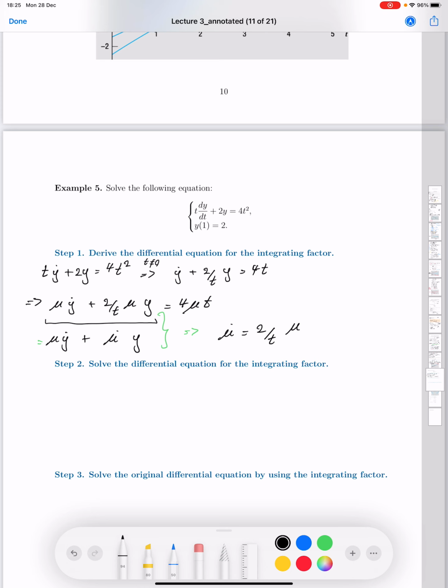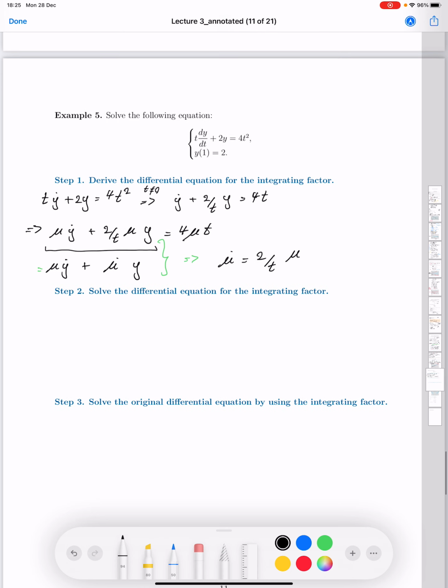Good. So the second part is to solve this equation. Okay? And I guess it's not difficult to see that for solving that, I will just divide it by mu. Same story.